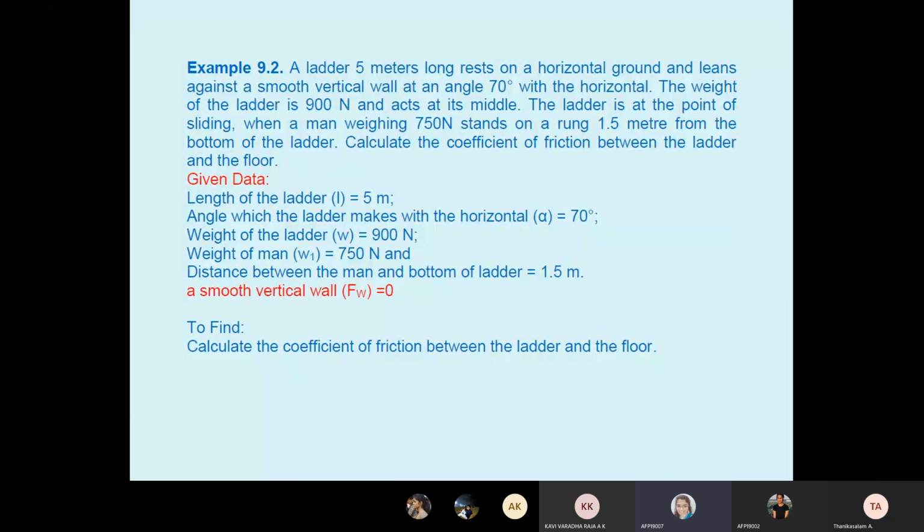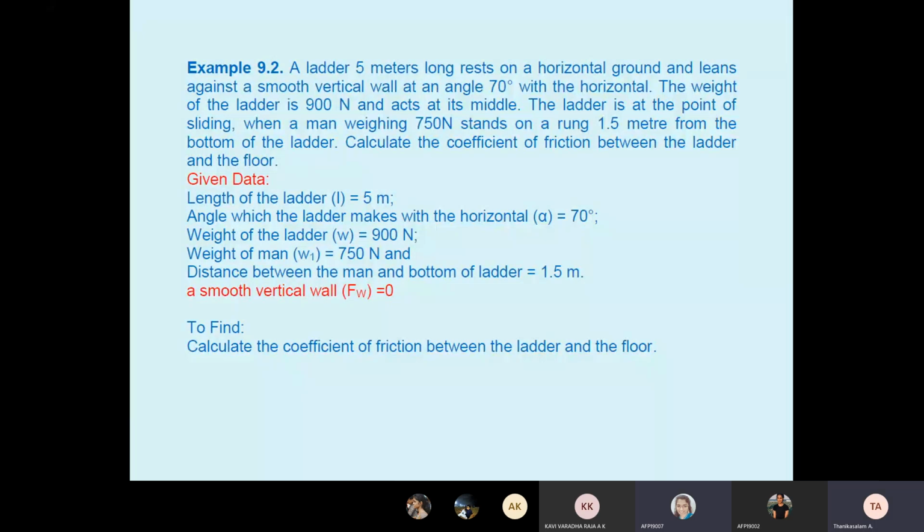The weight of the ladder is 900 Newton and acts at its middle. The ladder is at the point of sliding when a man weighing 750 Newton stands on a rung 1.5 meters from the bottom of the ladder. Calculate the coefficient of friction between the ladder and the floor.